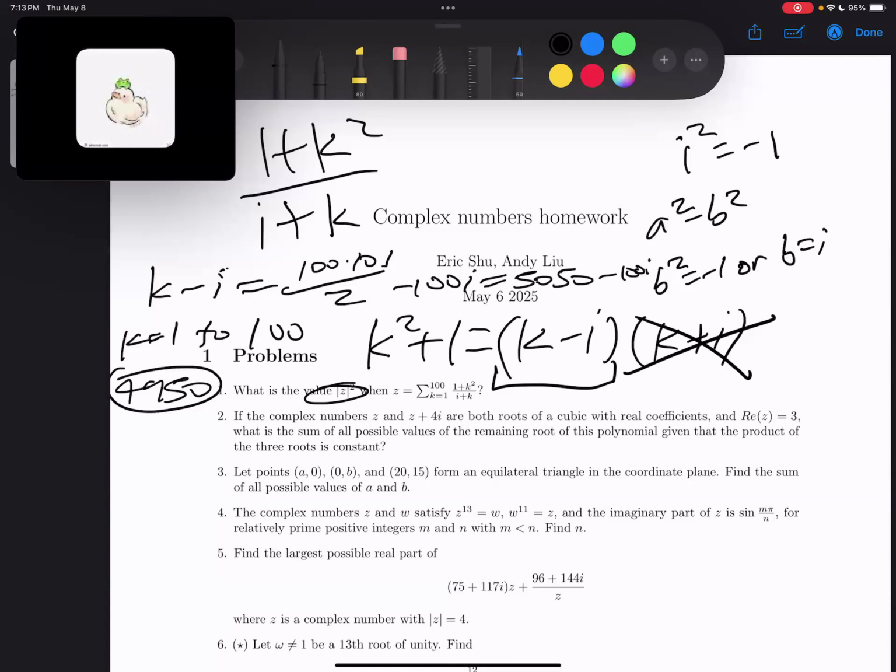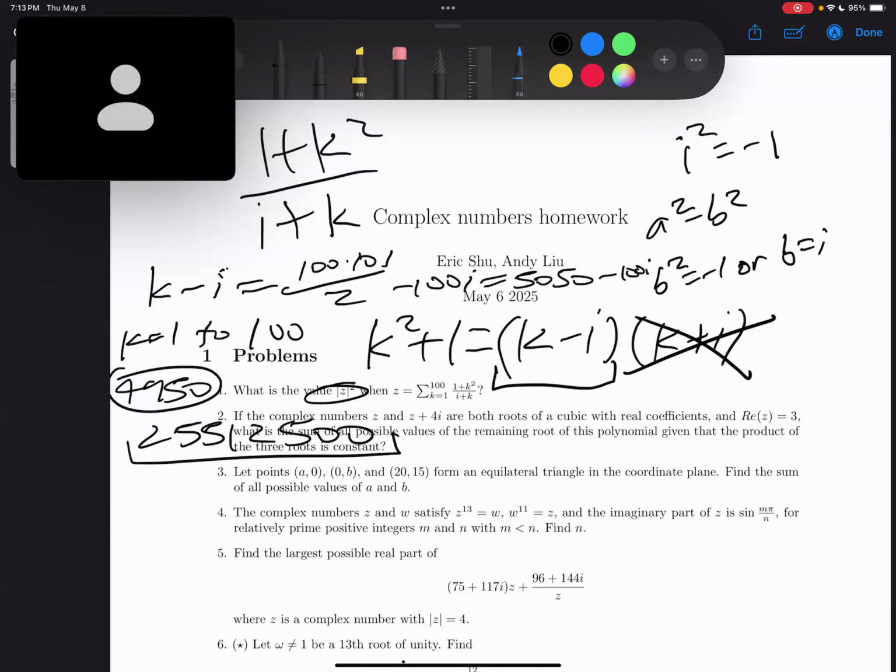If you're trying to find the magnitude, let me calculate this really fast. For finding the magnitude, it'd be the huge number 2551250. And that is it. On my solutions page, it's 4950.